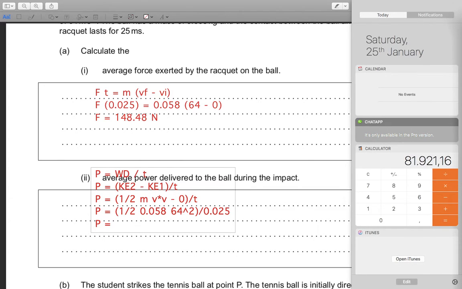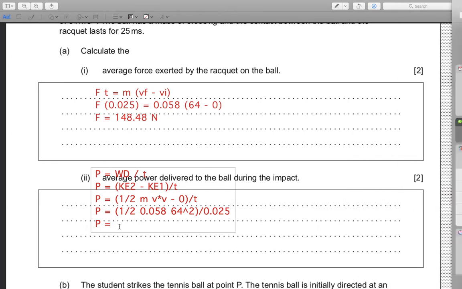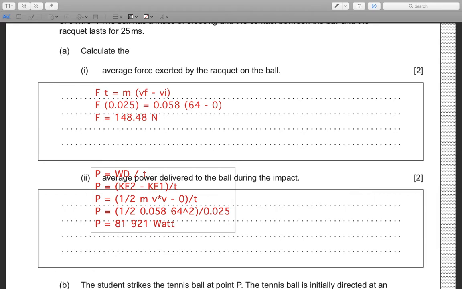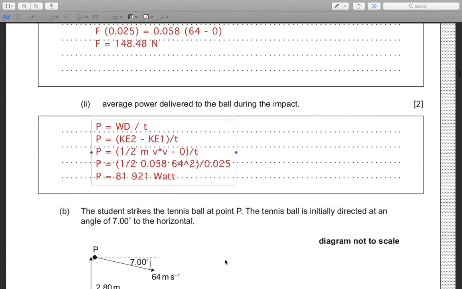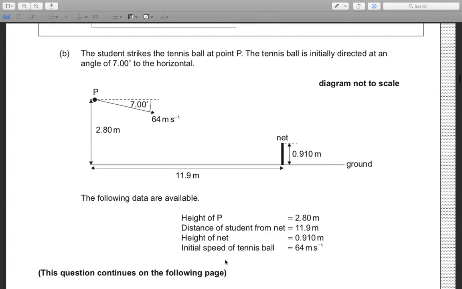Yes, we get about 81,921 watts. Okay, this is the answer for the power, around 81,920 watts. Okay, the next question.